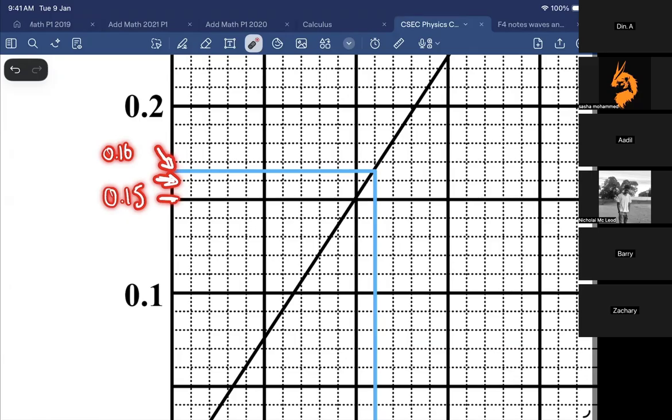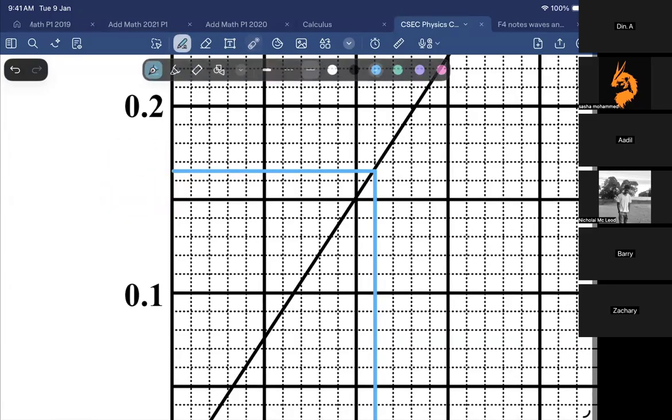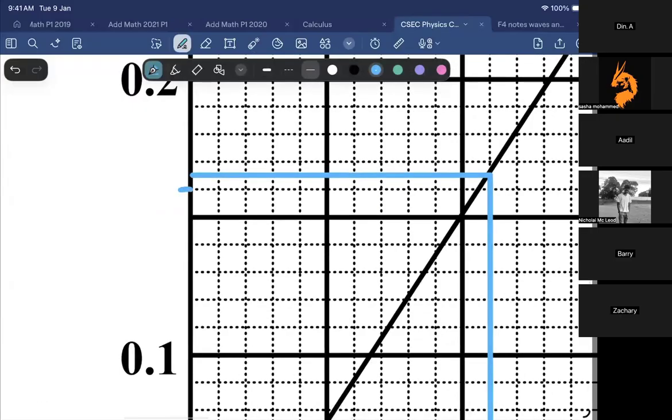Probably 0.16. Nah, it's 0.165. Watch. So this could be 0.16 and this could be 0.17. Guys, it was in between 0.16 and 0.17. 0.005. 0.165.